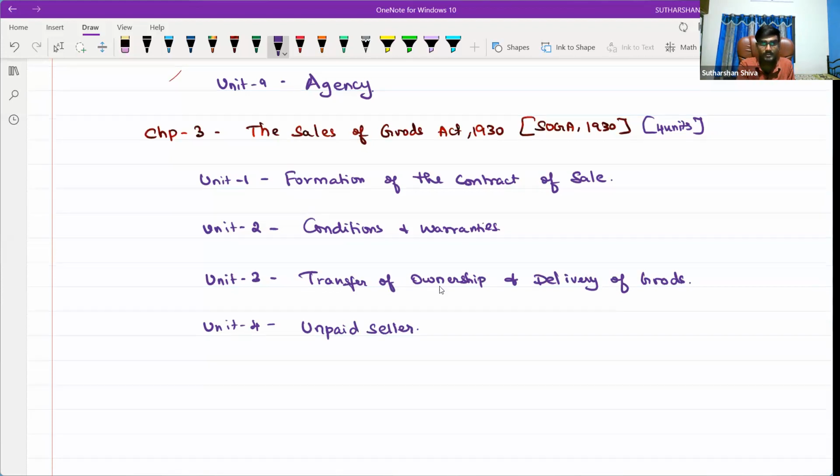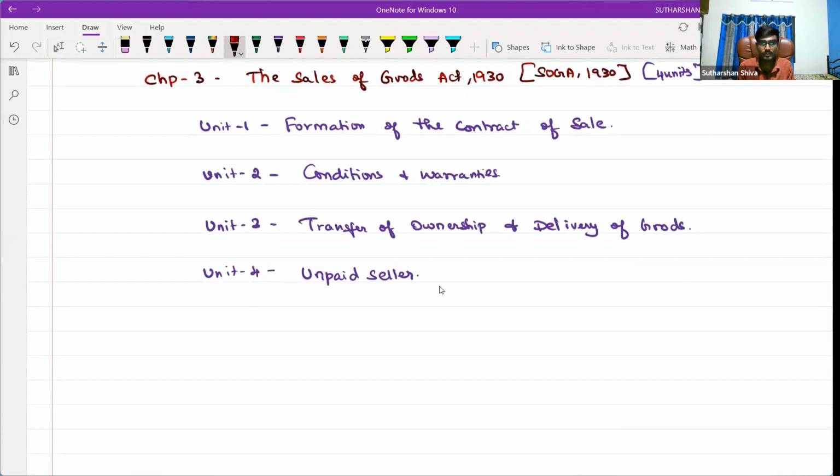Then coming to chapter number 4, you have the Indian Partnership Act 1932. We will call this IPA 1932.